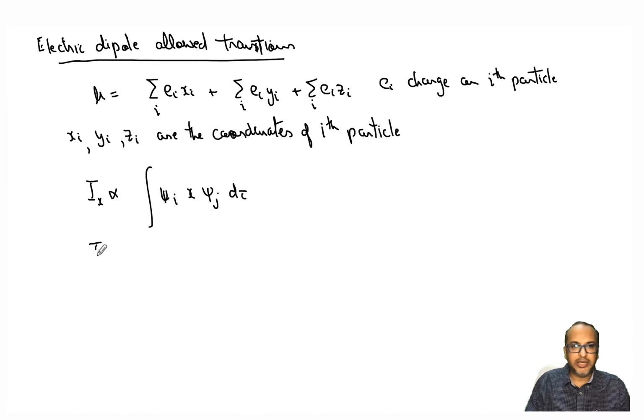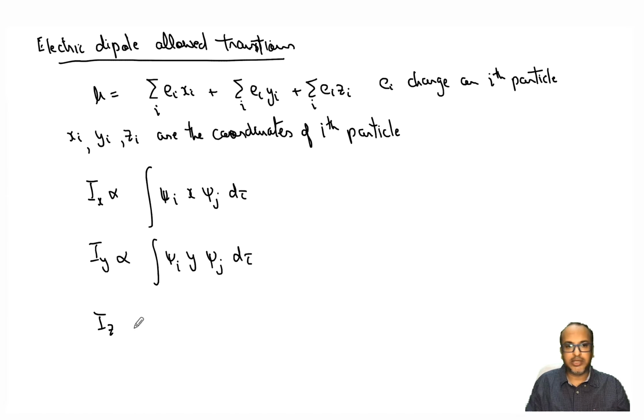Similarly, intensity along y will be proportional to the integral of psi 1 y psi 2 d tau, and intensity along z will be similarly proportional to the integral of psi 1 z psi 2 d tau.